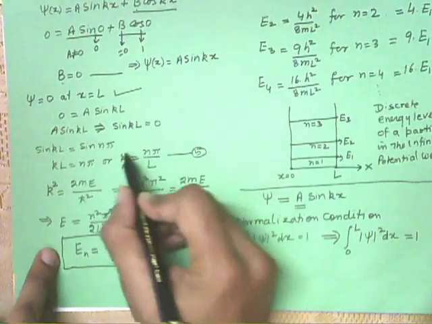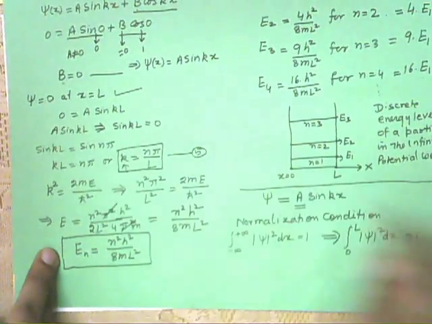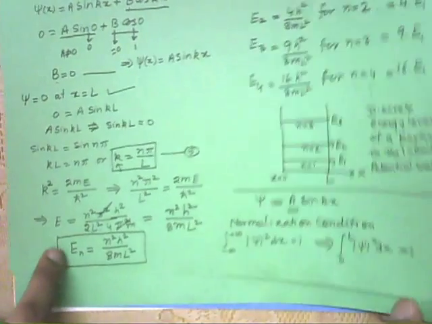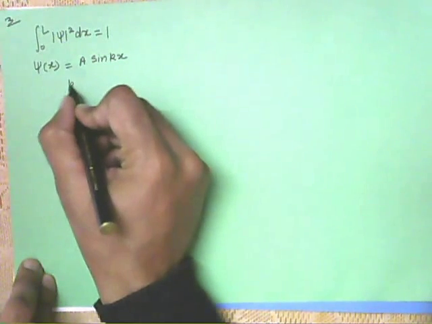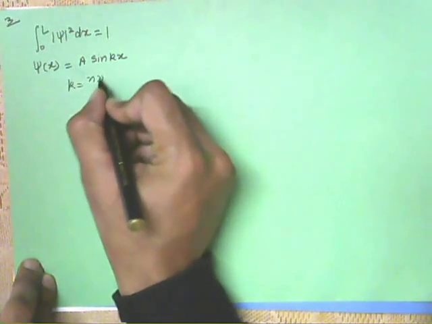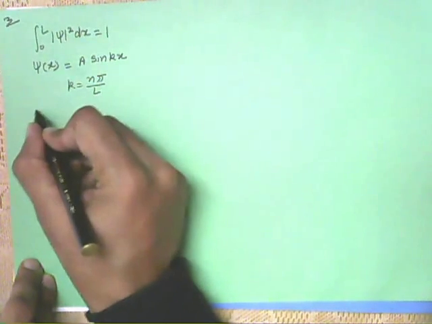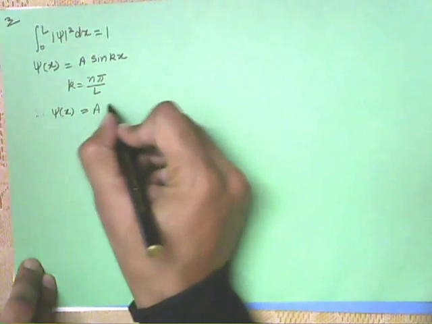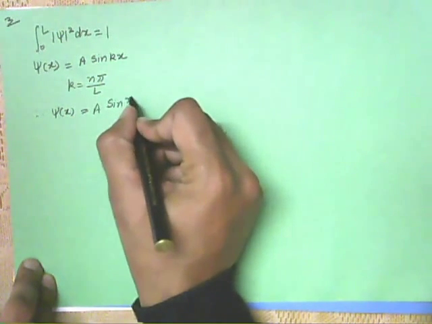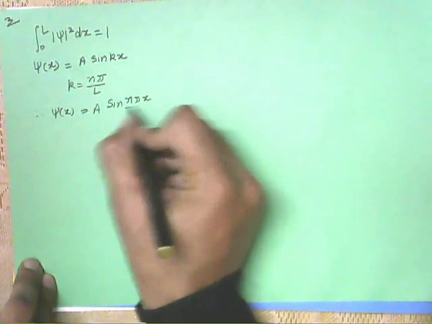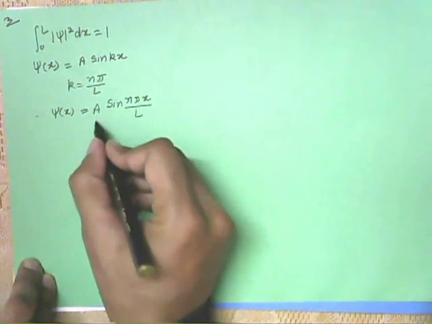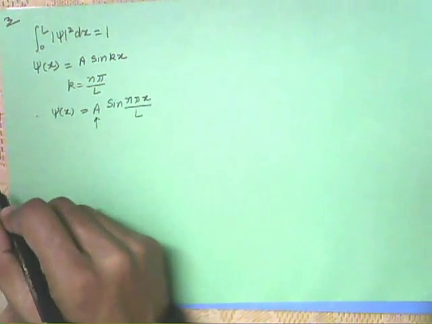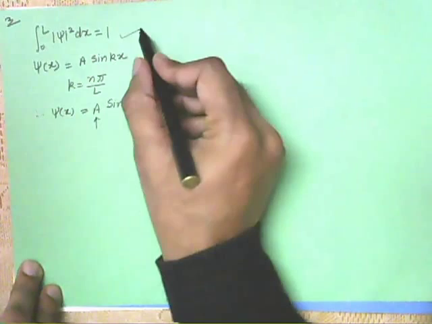From the earlier case, k is equal to n pi upon L. Using this relation, the function becomes psi of x is equal to A sin n pi x upon L. We have to find the value of this A using the normalization condition.